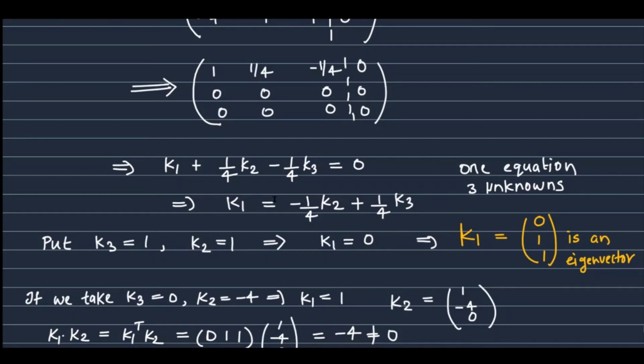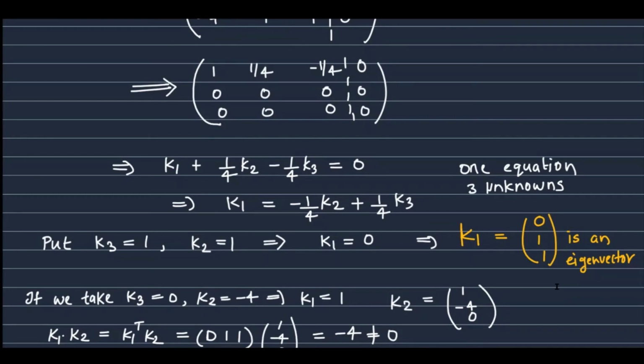So we have one equation and three unknowns, and we have to put arbitrary values. If we put k3 equal to 1 and k2 equal to 1, we get k1 equal to 0. We denote this by capital K1. Capital K1 is 0, 1, 1, one of the eigenvectors corresponding to the repeated eigenvalue minus 9.